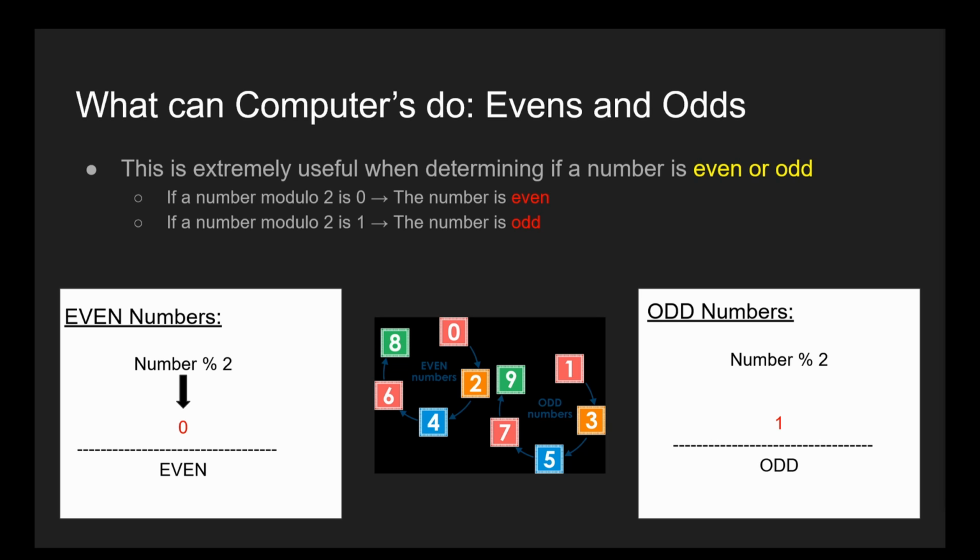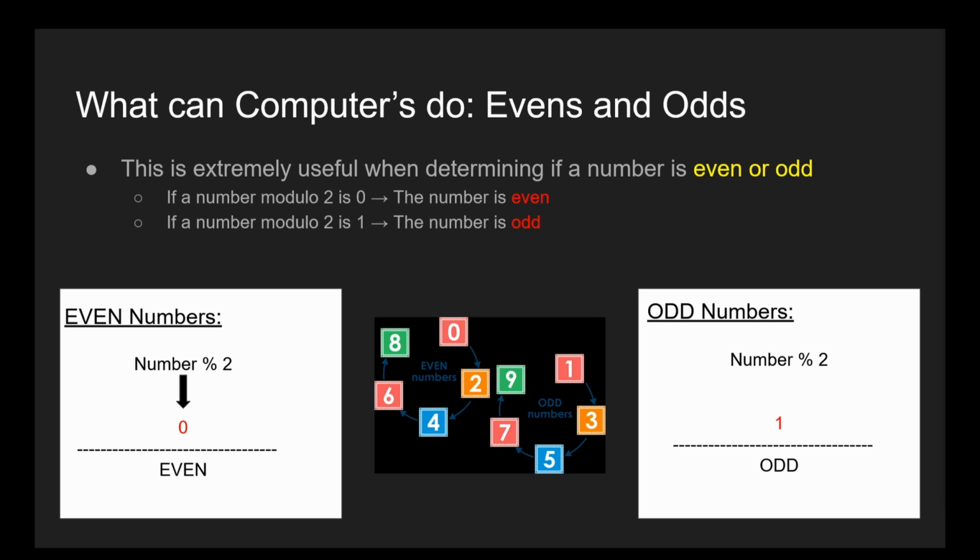If we take a certain number modulus 2, and it returns 0, then we know it's even, since any even number divided by 2 will always result in a full answer without a remainder. But if the system returns 1, then we know that the integer is odd. You will find yourself using basic math operations a lot more than you think, so it's good to keep them in mind when writing your programs.